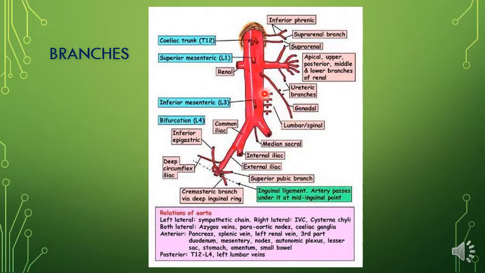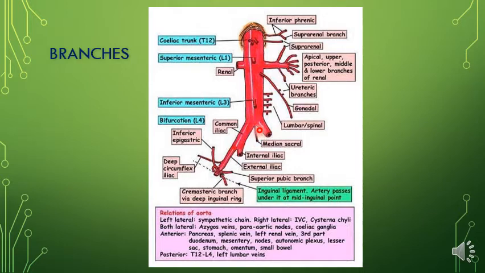Now coming to the dorsal branches, for you to understand, in this image these dorsal branches are shown coming out from the posterior aspect, but you should understand that they are arising on the posterior aspect of the abdominal aorta. So dorsal branches are four pairs of lumbar arteries, also called the lumbar or spinal arteries, and a median sacral artery.